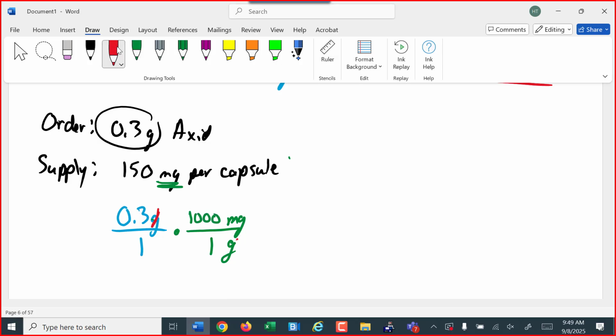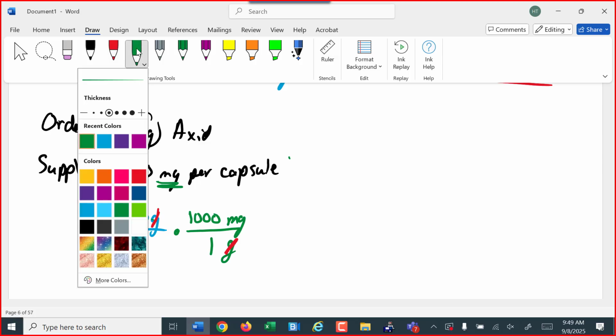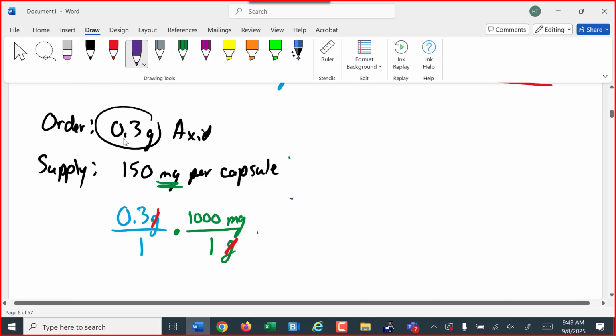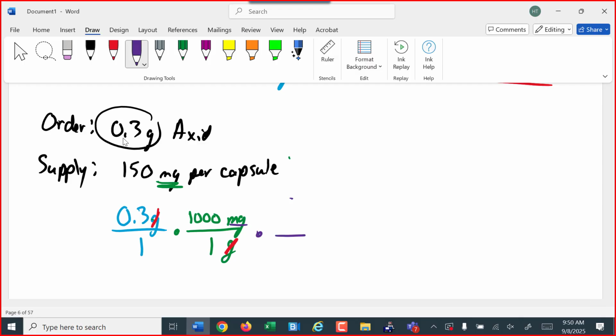The grams cancel out, and now we're in milligrams. So now I can continue on. I have milligrams, and I want to get rid of those, so I'll put milligrams on bottom. And I have this equivalency telling me that 150 milligrams equals 1 capsule.